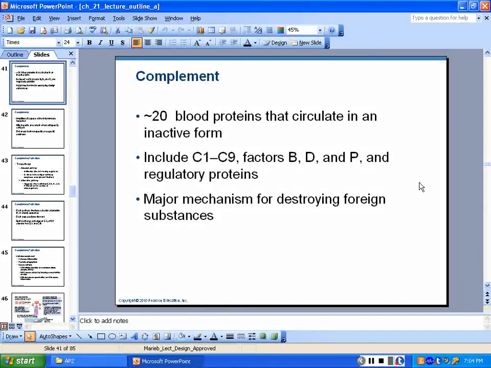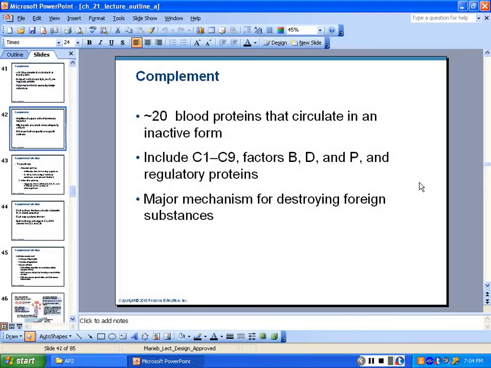Well, here's another one. We have proteins, and we know we have plasma proteins that circulate through the blood all the time, right? This is one of those. Complement, in the inactive form, circulates through the blood. Okay? Now, there's lots of names for the different complement proteins. I don't get picky on the names. You can see how they're named. Complement C1 through C9. No big deal. I'm not going to ask you about that.